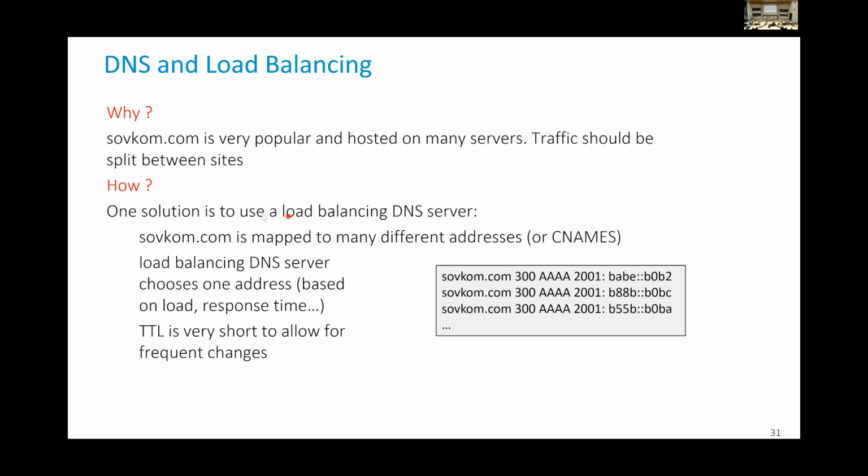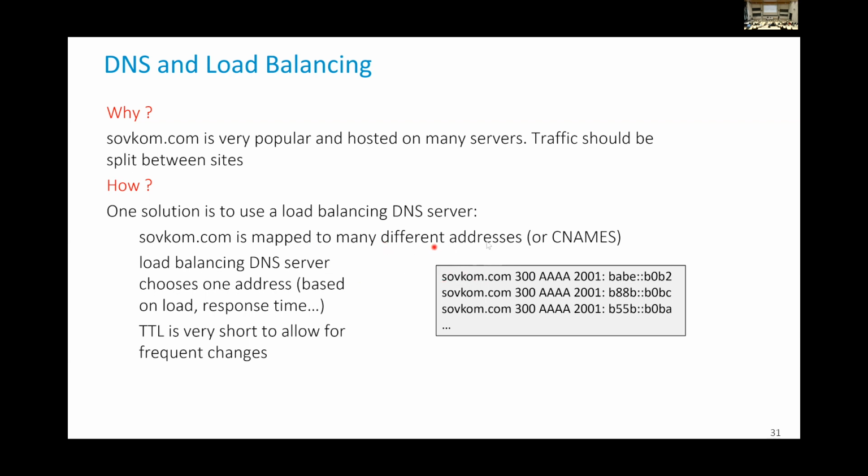One of them is load balancing. If you have a company, softcom.com, that is providing a web service, and imagine Google or Facebook or whatever, you type google.com, and then you don't go to one server called google.com. You go to one of hundreds of thousands of servers.